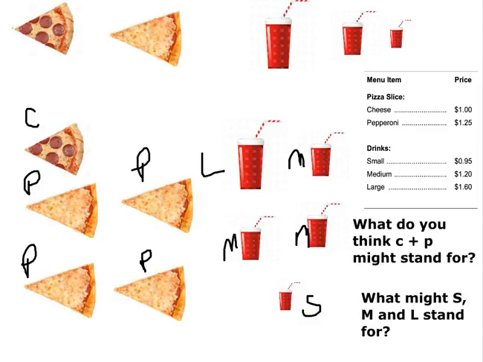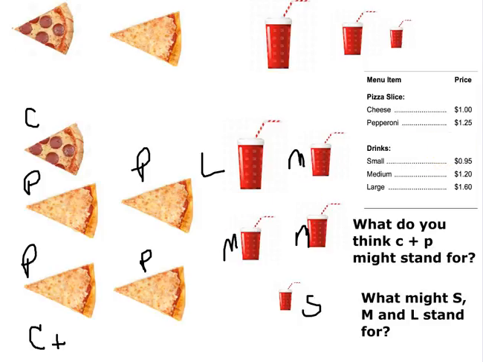Now, I'm going to look at all of this using the same variable over and over and over again. And I'm going to think, let's make this a little bit easier. I only have one C, but I have 1, 2, 3, 4 cheese pizza slices.